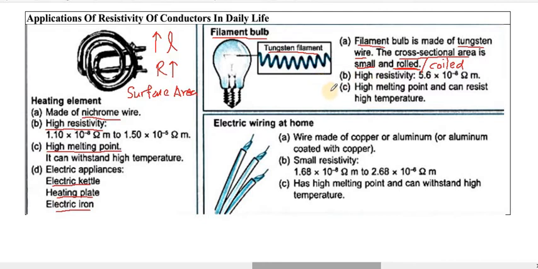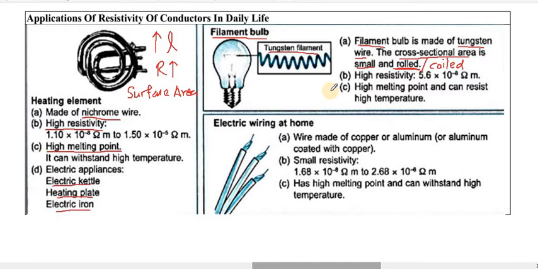When resistance is higher, more of the energy that is carried by the charge will go to the filament. So the filament can release more energy, and the energy will be released in the form of heat and light.